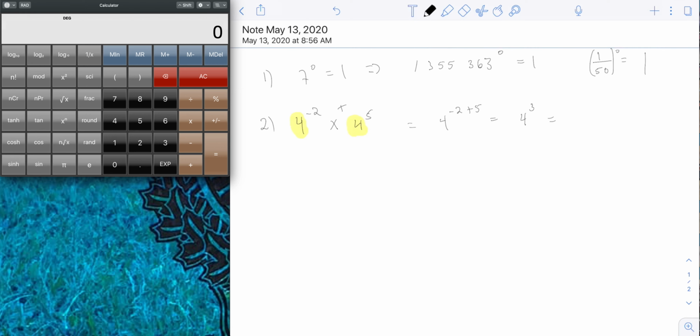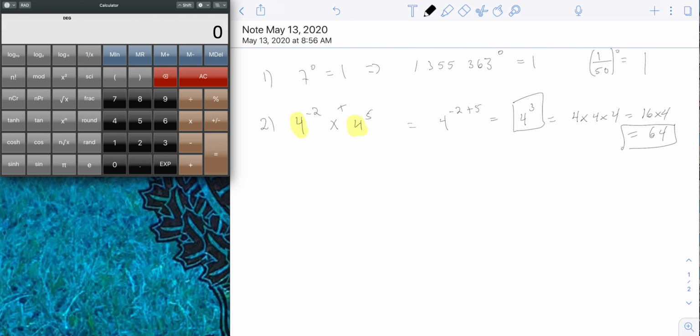So this would be your work's done now. 4 to the power of 3 we know is just 4 times 4 times 4. I know that 4 times 4 is going to be 16, times 4 is going to be 64. That is my answer for this question.